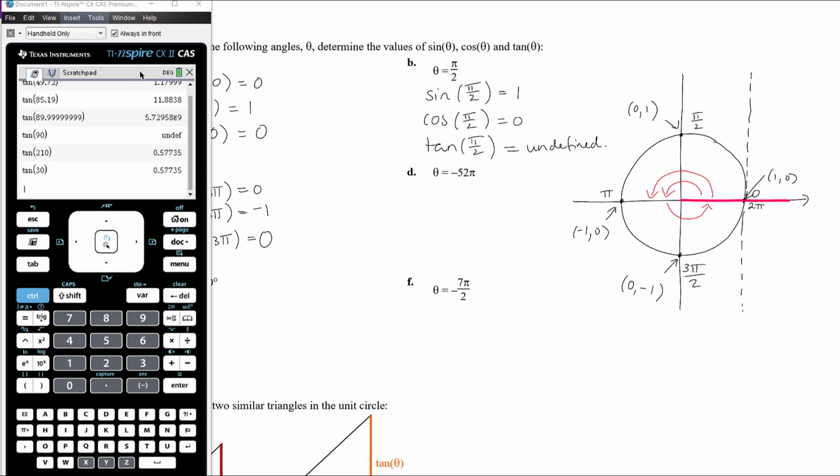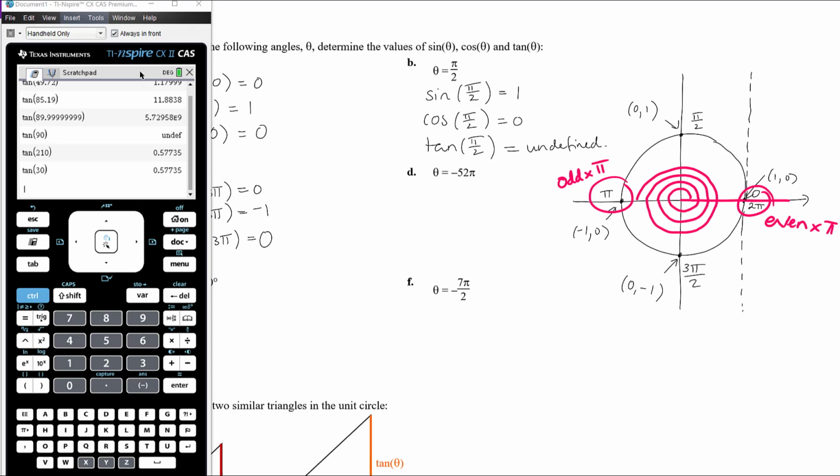Alright, theta of negative 52 pi. So let's think about what's happening here. Let me just move around the unit circle. As we move around the circle, this is pi, this is 2 pi, this is 3 pi, this is 4 pi, this is 5 pi, this is 6 pi, this is 7 pi. You have odd multiples of pi happening over here, and even multiples of pi happening over here.